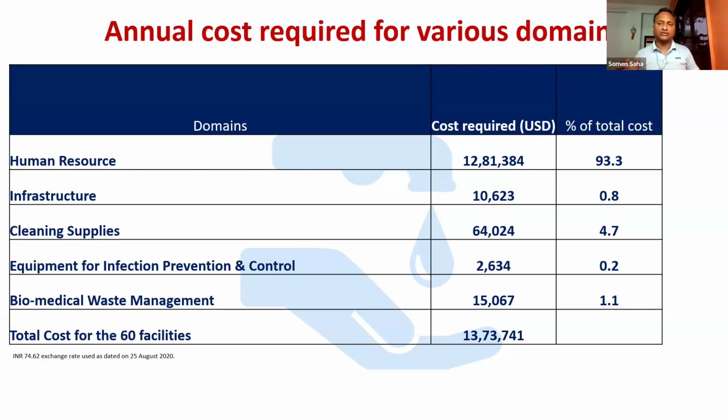So the facilities were hiring part-time cleaners, but that is against the norms. What we found out is that human resources were the most cost-intensive part to make those facilities WASH compliant, followed by cleaning supplies, as well as other things like biomedical waste management infrastructure or other IPC control equipment. So this was what we found out. In the next slide.